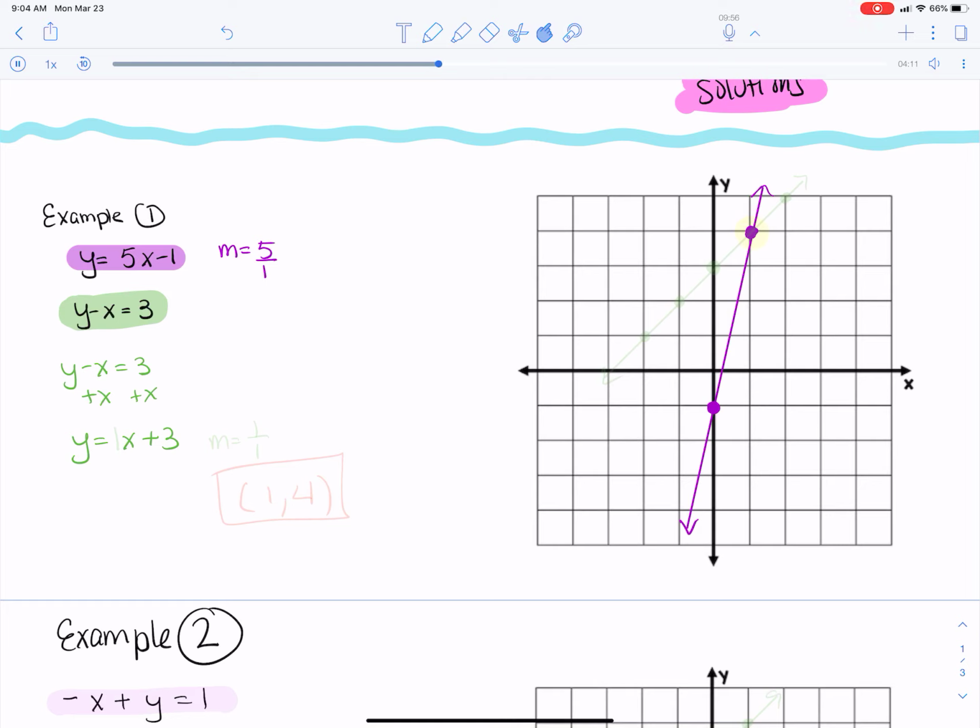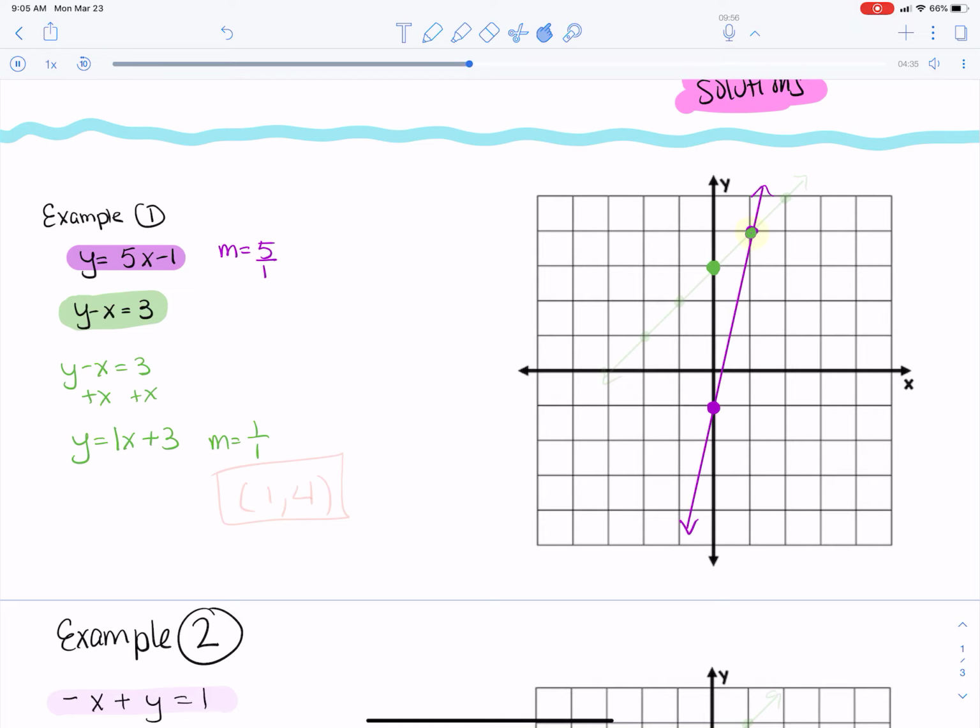Alright, so now we're going to graph our second line. So our y-intercept here is at 3, so when y is 3, 1, 2, 3. So that's our y-intercept. Now our slope, now remember, if there's no number or coefficient in front of our x, then we can always put a 1. So our slope is just 1 over 1. So we're going to go up 1 and to the right 1.